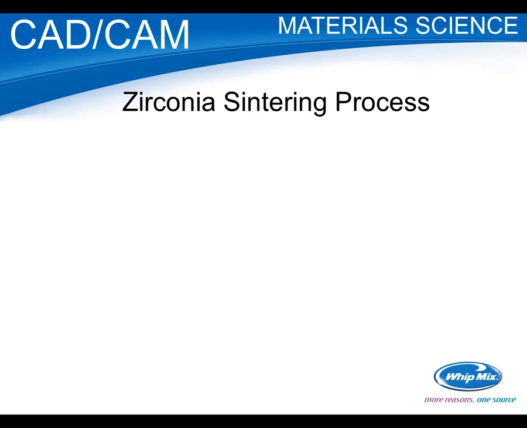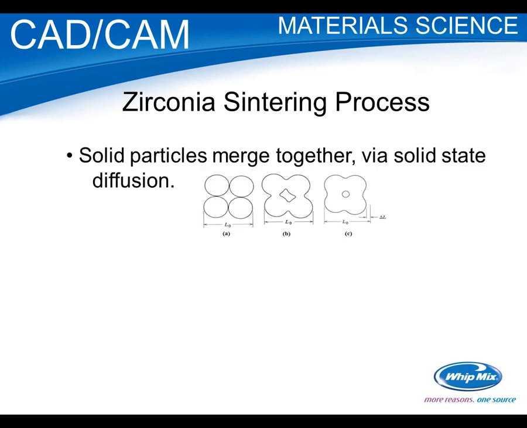The other big thing that's under your control is the sintering process. So just to go over what's happening. If this were porcelain, we would see crystalline particles that, as we heat up, merge and melt together into an amorphous matrix. Well, that's not the case with zirconia.